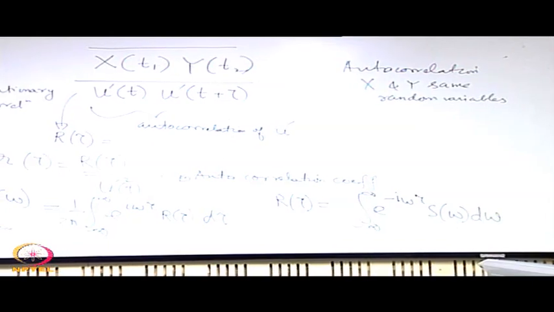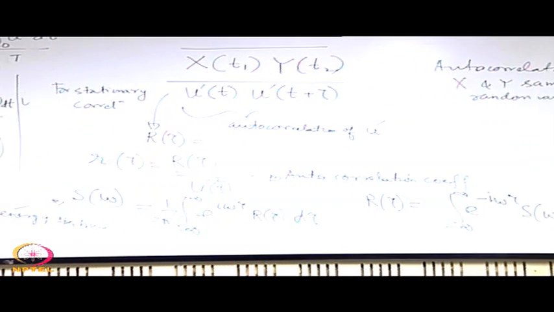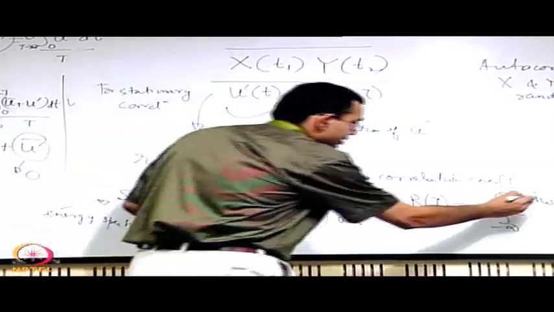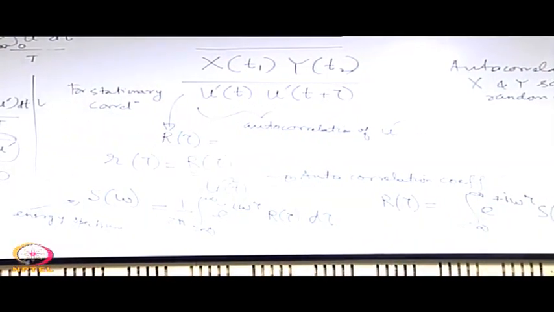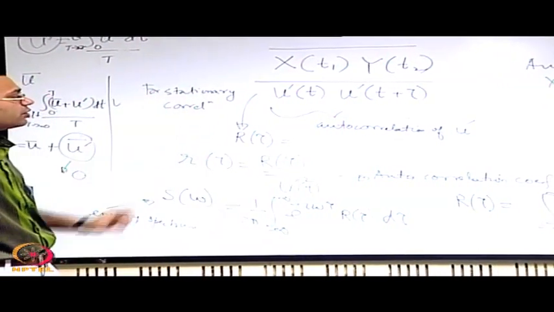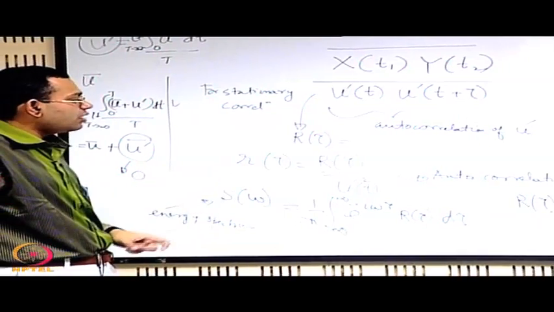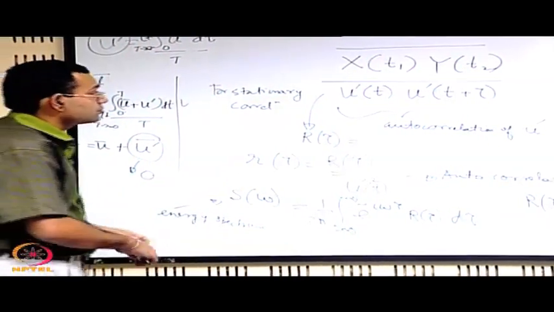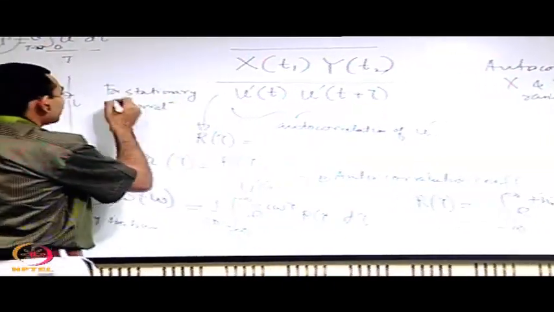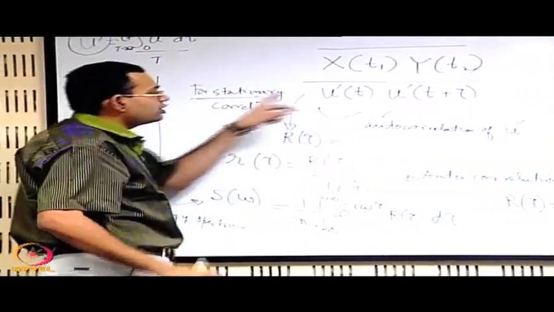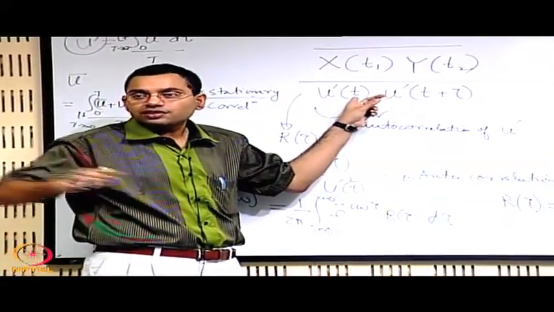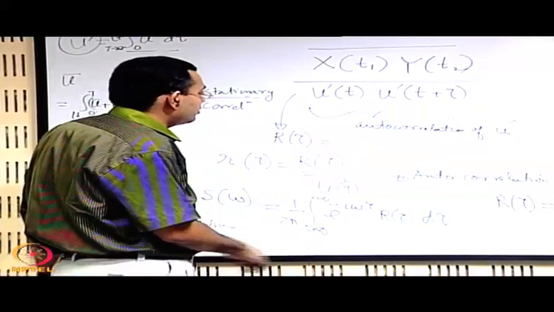So when you have this one, sorry, this is minus and this is plus. Now consider the special case of tau equal to 0. Since it is stationary turbulence, you do not care what this t is, so you may also consider t equal to 0 because the statistics will not be a function of time.